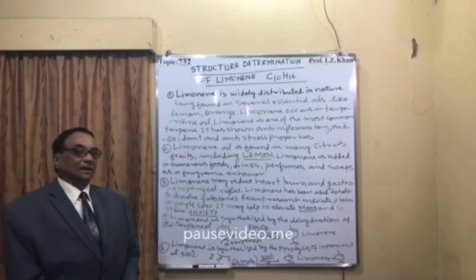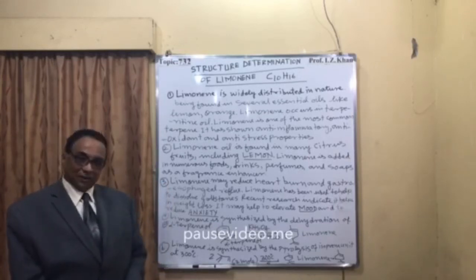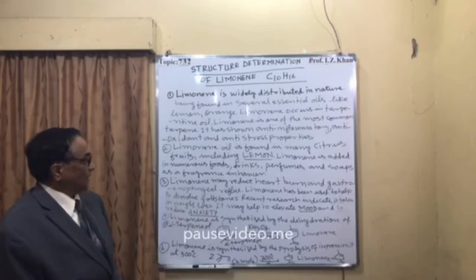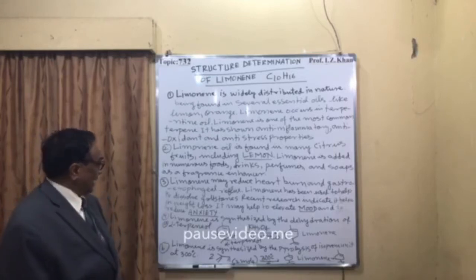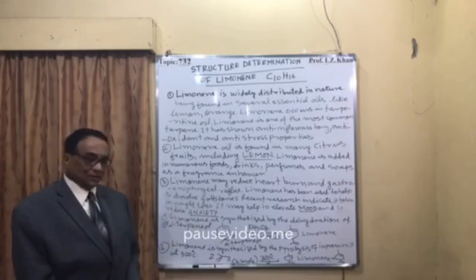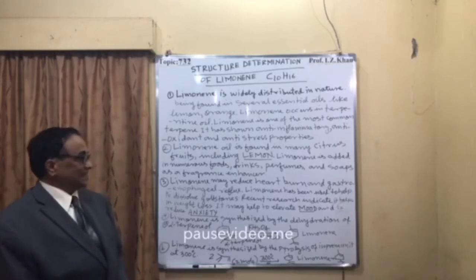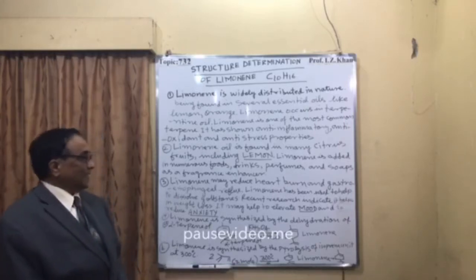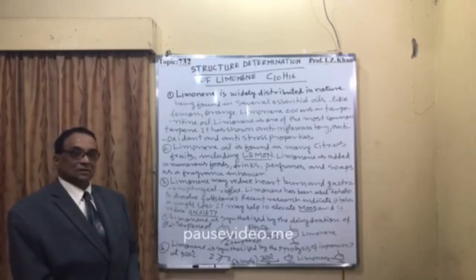That is called gastroesophageal reflux. So it also helps in that, and it can drastically reduce that symptom. Limonene has been used to help dissolve gallstones. Recent research indicates that it helps in weight loss, and it may help to elevate mood and to reduce anxiety.